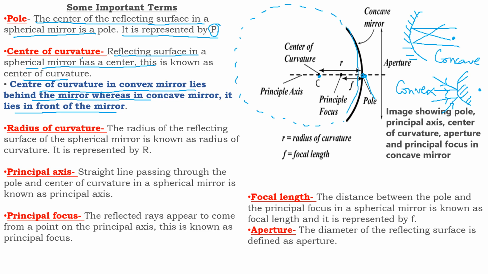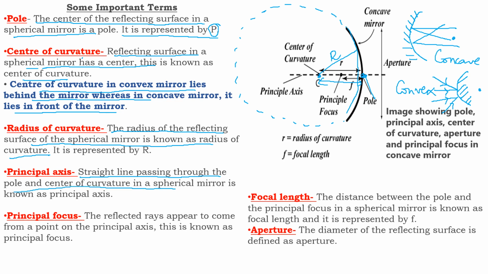Radius of curvature: the radius of the reflecting surface of the spherical mirror is known as the radius of curvature. It is represented by a capital R. This length, even this whole length, they are all your radius of curvature. Principal axis. Principal axis is a line passing through the pole and the center of curvature.